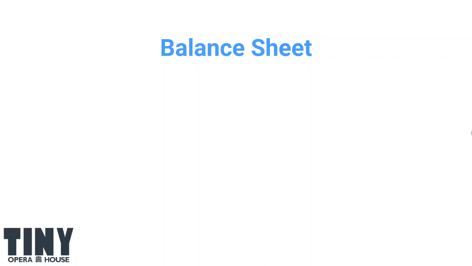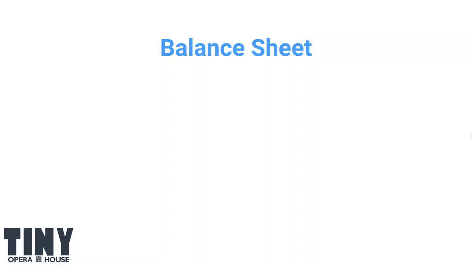Odds are they're going to ask you for these two financial statements. The first one is the balance sheet, and the other one is the income statement. They both look at slightly different parts of the financial picture of your organization, and in each case we'll talk about what they show you, what information they can convey, and how you can use them best to, again, tell the story of the organization and what you're working on.